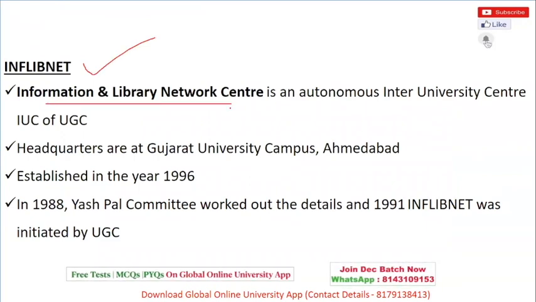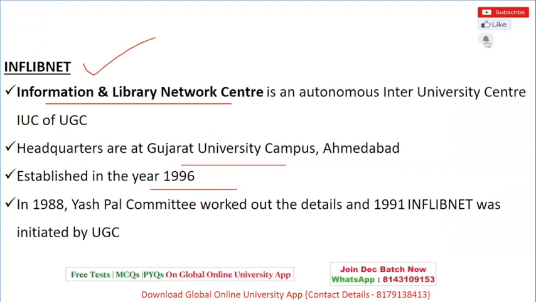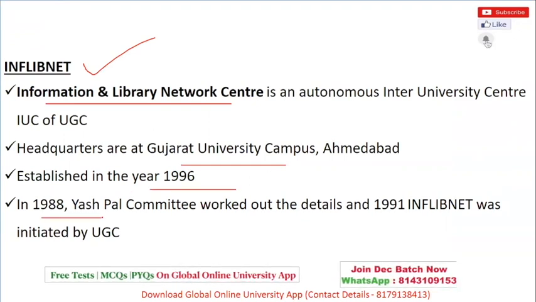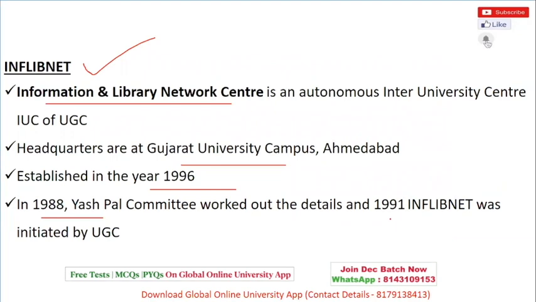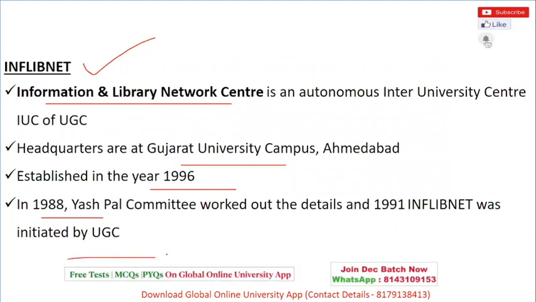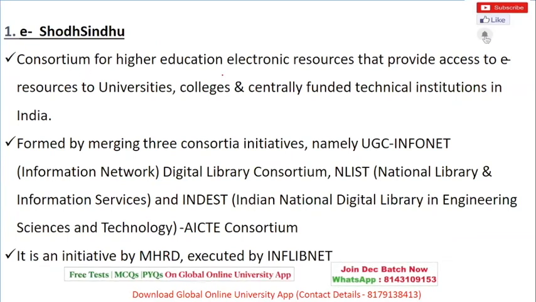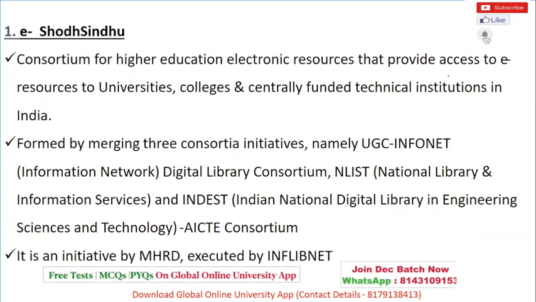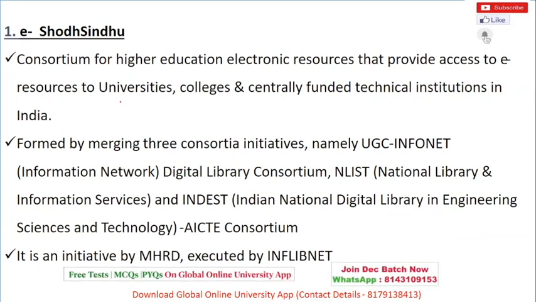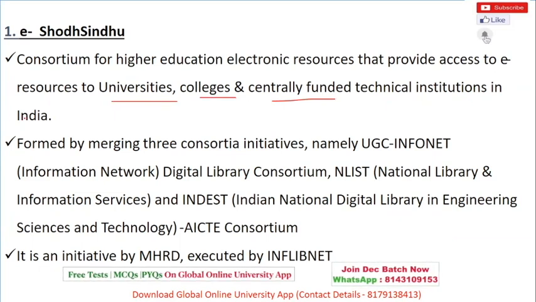INFLIBNET, that is Information and Library Network, with headquarters at Gujarat, was established in 1996. In 1988 the Yashpal Committee worked out, and in 1991 INFLIBNET was initiated by UGC. Coming to e-ShodhSindhu, which is the Consortium for Higher Education Electronic Resources. It provides access to e-resources for universities, colleges and centrally funded technical institutions.